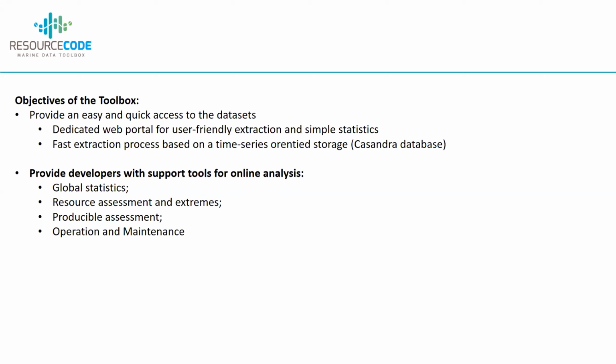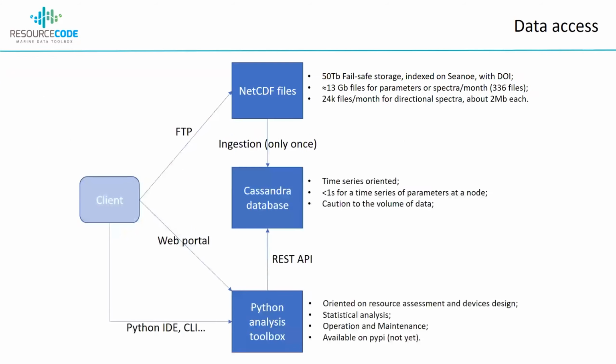And the idea is also to provide developers with a support tool for online analysis, which means that the developers are provided with global statistics at a location they want, and also an assessment of the resource, and also extreme value modeling, which I will talk about in more detail in the following part. There's also a producible assessment, which will be described next. And last but not least, there is a module for operation and maintenance. We can go to the next slide, Matt.